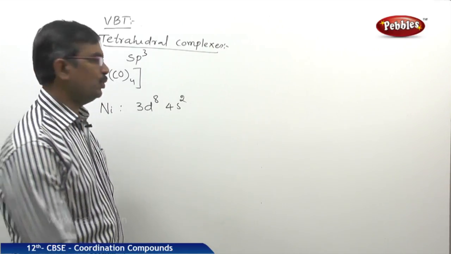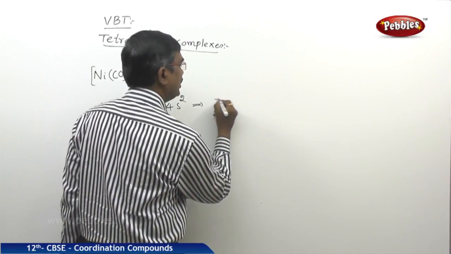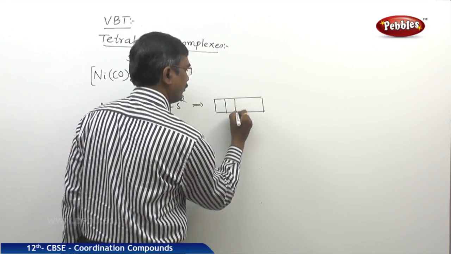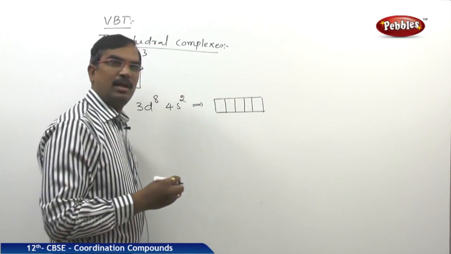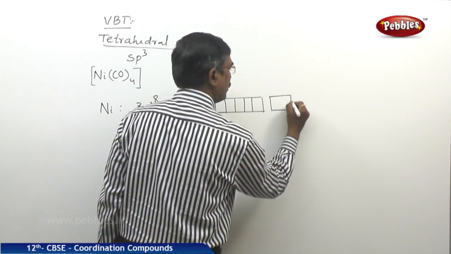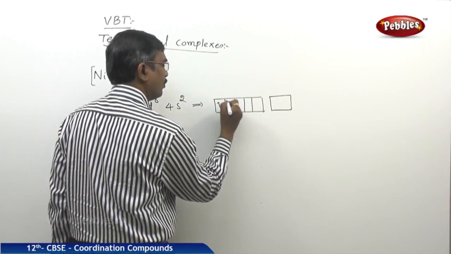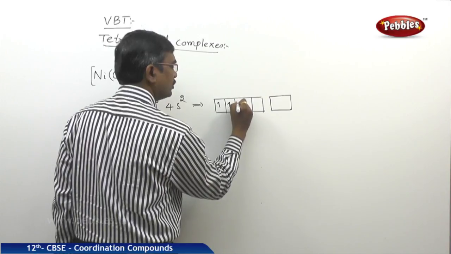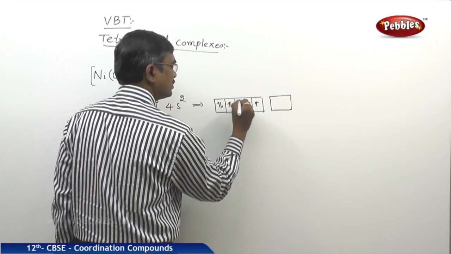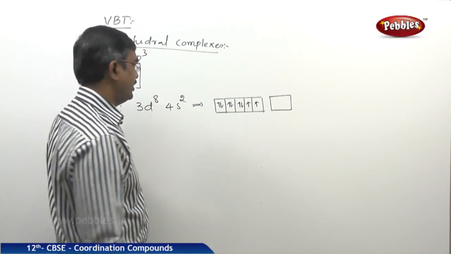We can write this in orbital form: there are five 3d orbitals and one 4s orbital. For d8 we fill eight electrons, so this is 3d8 and 4s2.